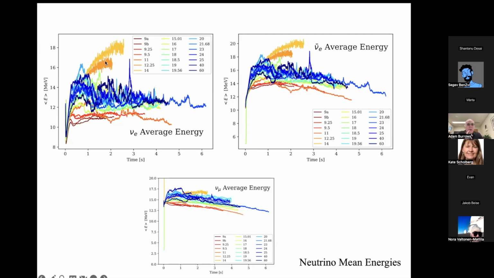This one here, though, these models were models that never exploded. They fizzled. The shock kept going, and then it settled in, and then the average energy of the neutrinos in that particular case is higher than the corresponding case of neutron star formation.